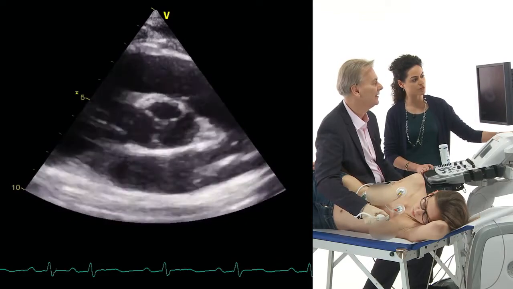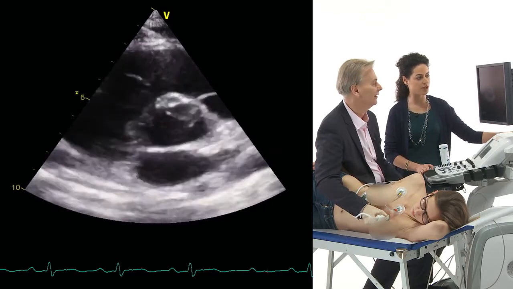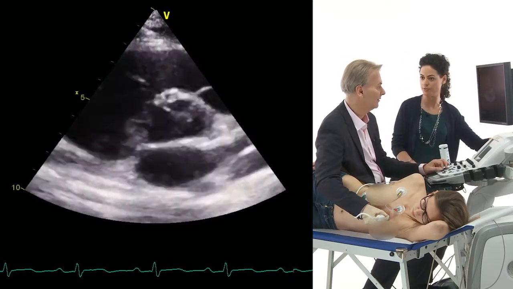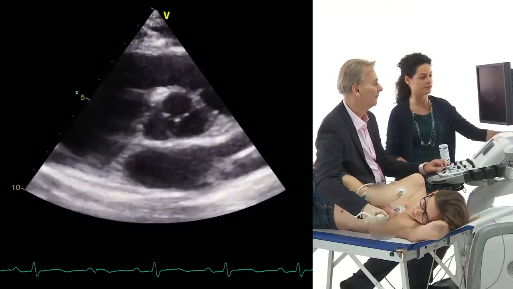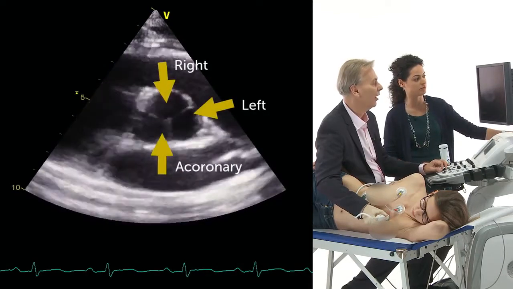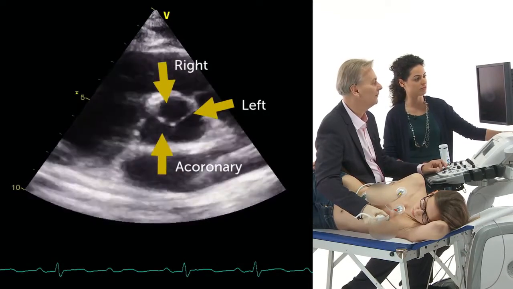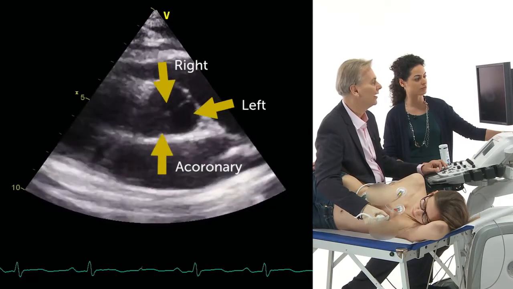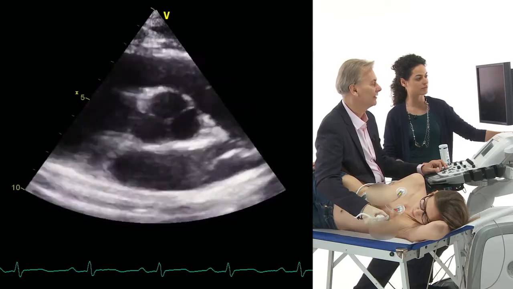Some also say it's the peace sign. Yes, actually, using the parasternal long axis and short axis, you get a really full view of the aorta and the ascending aorta. Right, now you have all three cusps visible. You have the right coronary, the acoronary, and the left coronary cusp. But all this will come in more detail in the future courses.